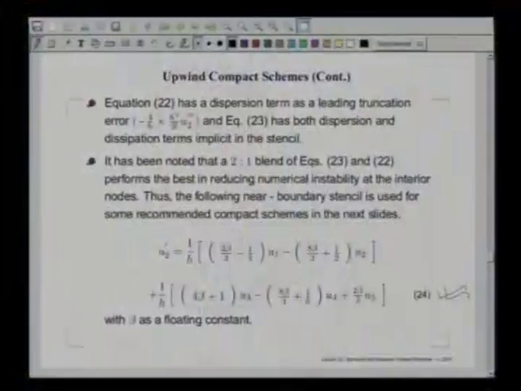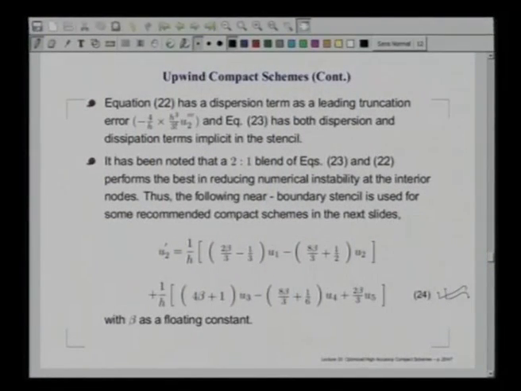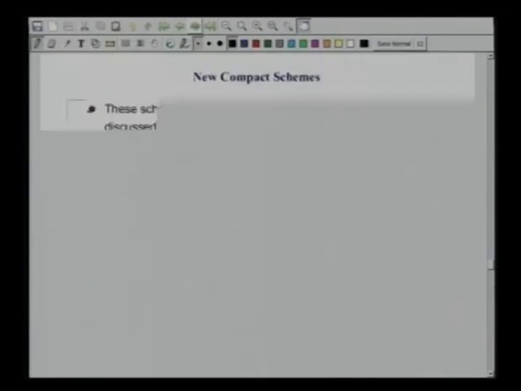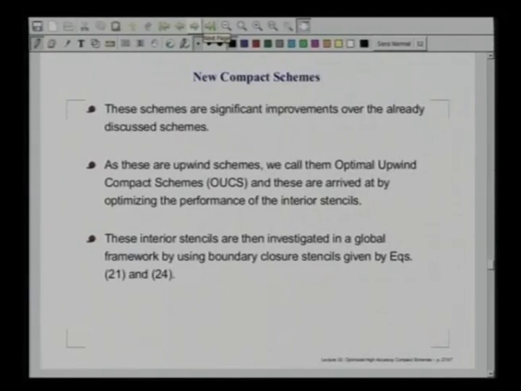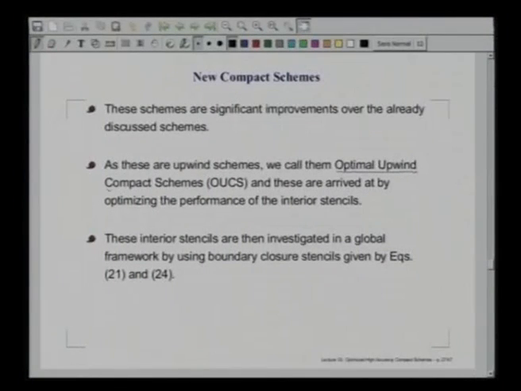So, this was essentially the improvement of the traditional various order schemes, where we do not need to do optimization. We look at their problem, the source of the problem, and then we rectify those problems by changing the boundary closure, and thereby we ended up getting a set of compact schemes, which we have called optimal upwind compact schemes or OUCS schemes.